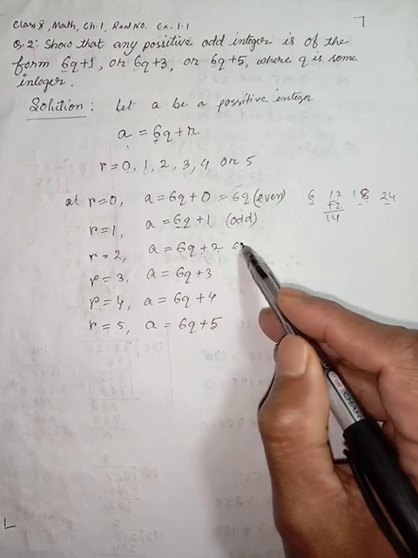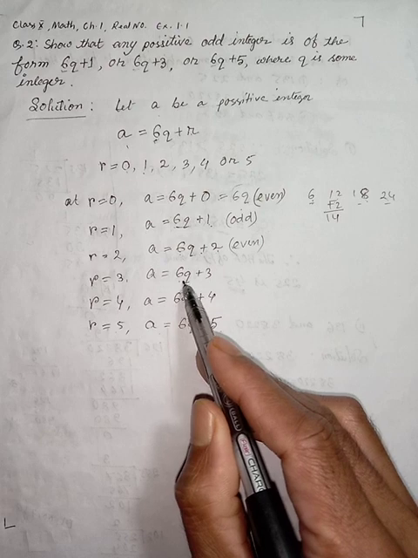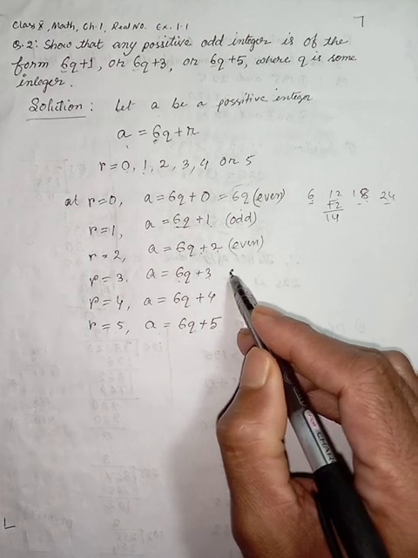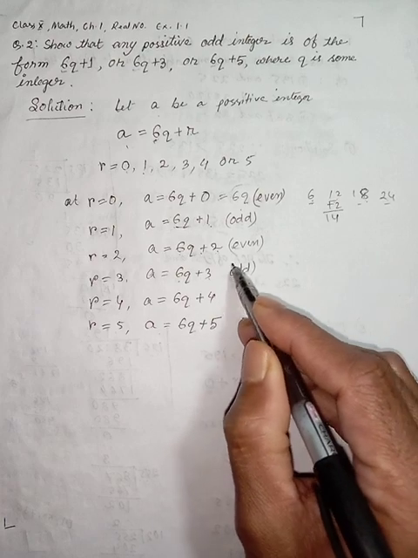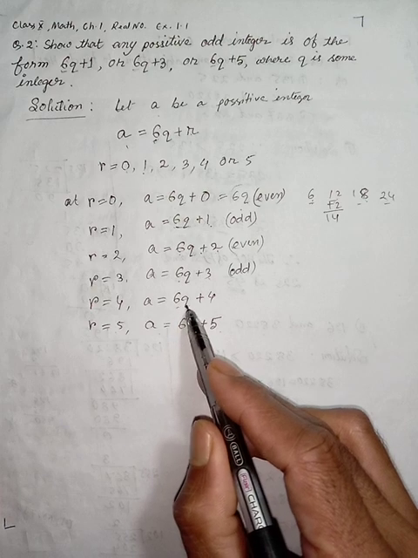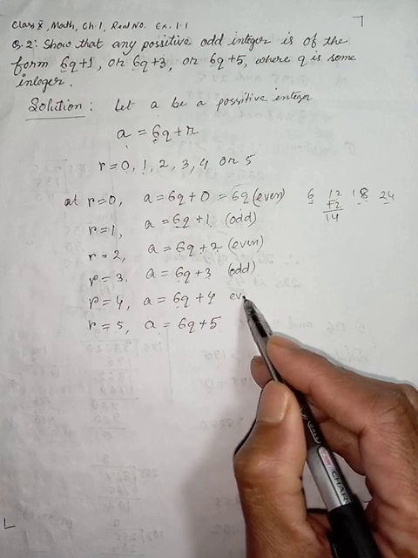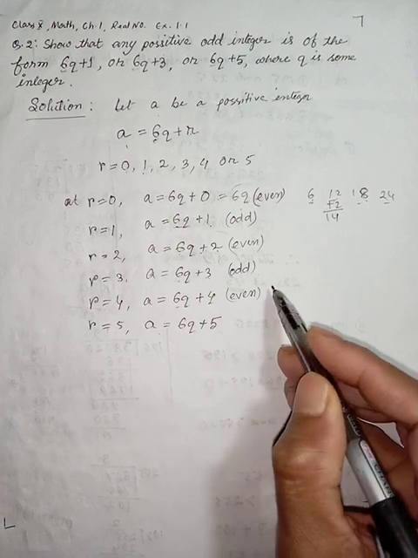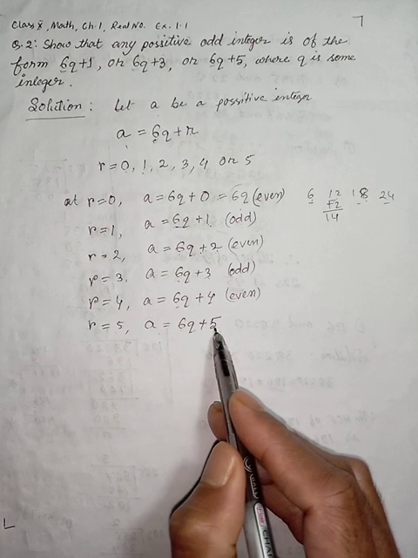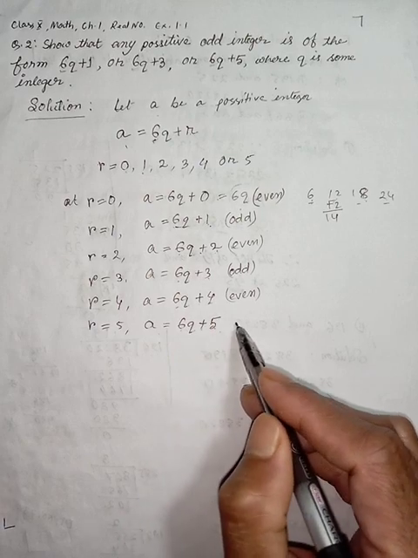So this is also even. What about 6q plus 3? 6q is even, but added by 3, it will be an odd number. Here 6q plus 4 is an even number plus an even number, so it will be even. And 6q is an even number added by 5, so 6q plus 5 will give an odd number.